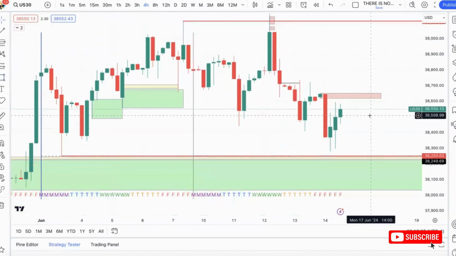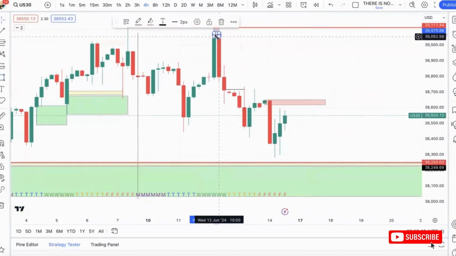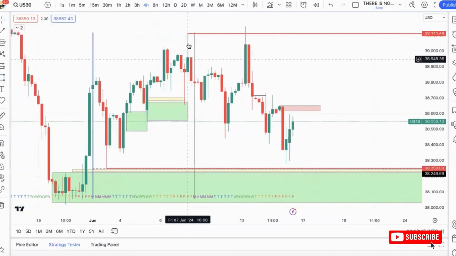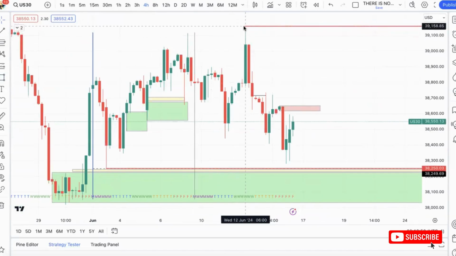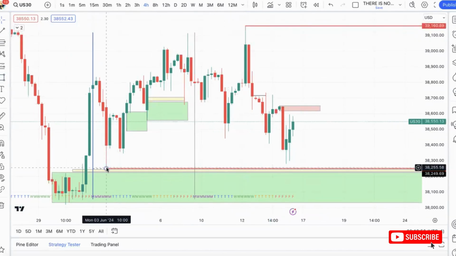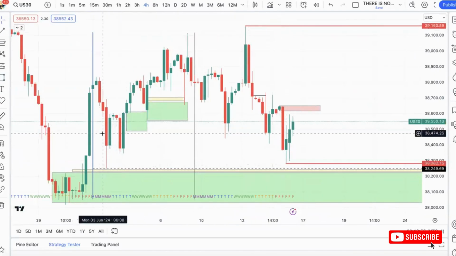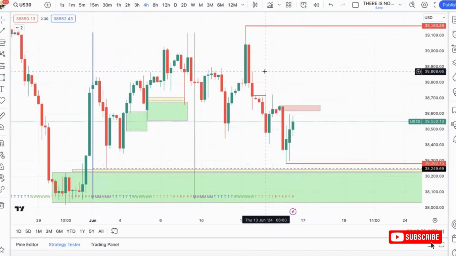Now, on this 4-hour time frame, I want to measure my swing high and my swing low. Of course, we have a new weekly high and a weekly low, which would be, right, here's the new previous week's high, and here is the new previous week's low. It is higher than the previous week.